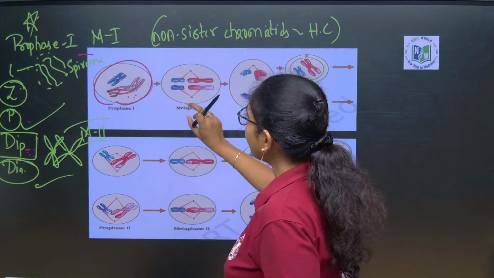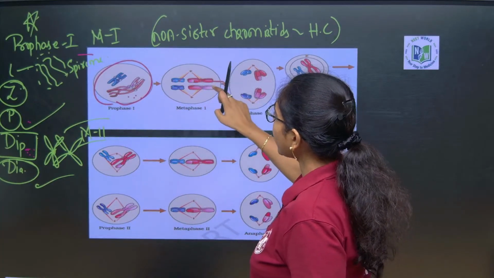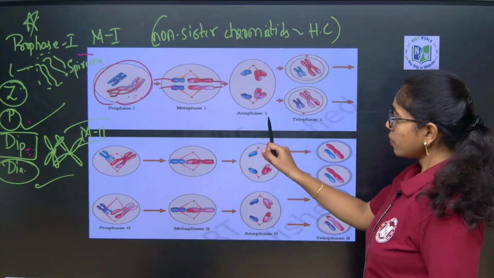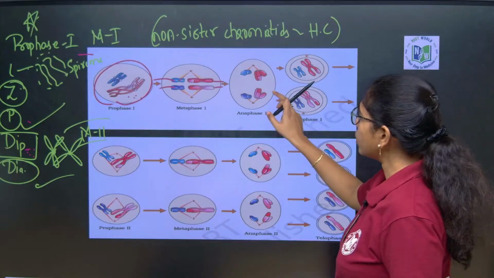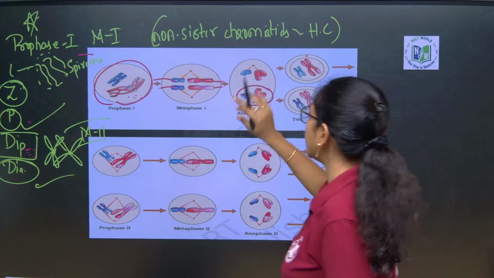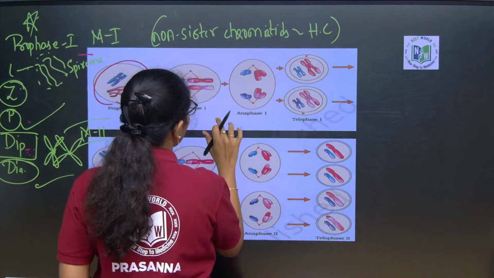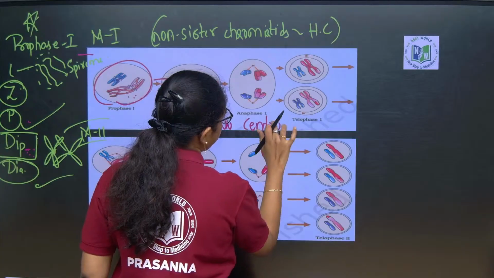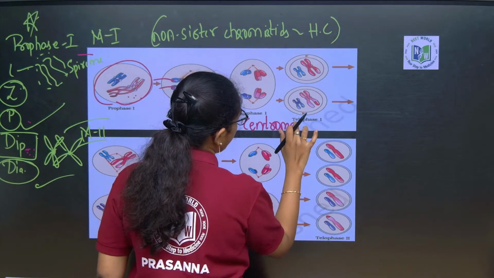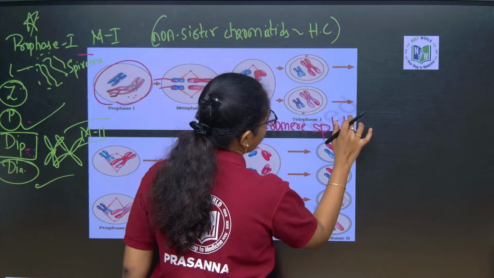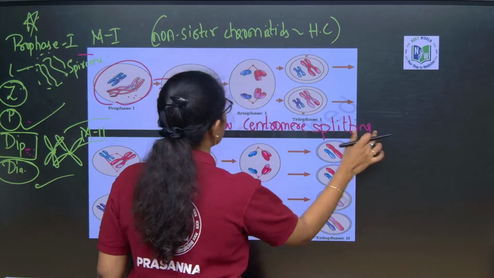Next, in metaphase 1, you can see a bimetaphasic plate, that is 2 metaphasic plates are formed. Next, in anaphase, centromere splitting will not take place. Keep it in your mind.